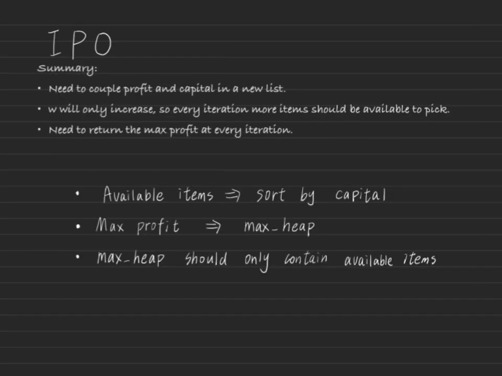In summary, we need to couple profit and capital together in a new list, so we know for a project how much capital is needed and how much profit we'll gain. Note that because the profit is always greater than 0, W will always increase. So at every iteration, more items will be available for us to pick from. And from this available items list, we need to return the maximum profit.